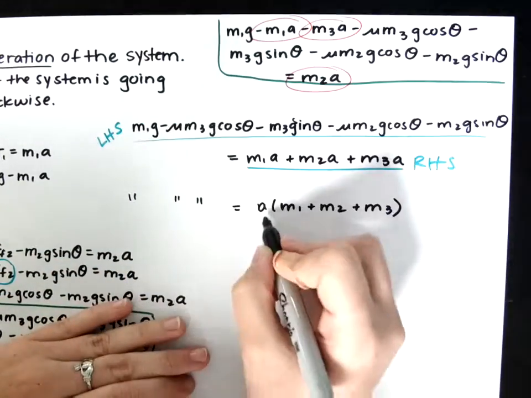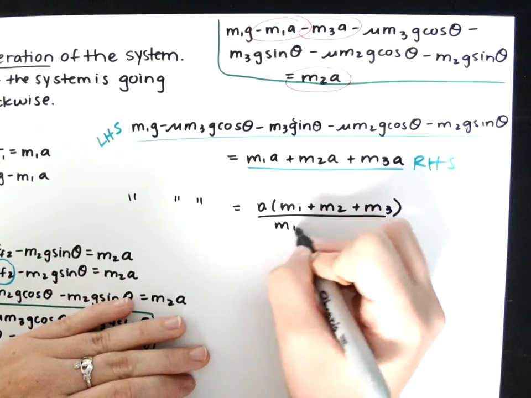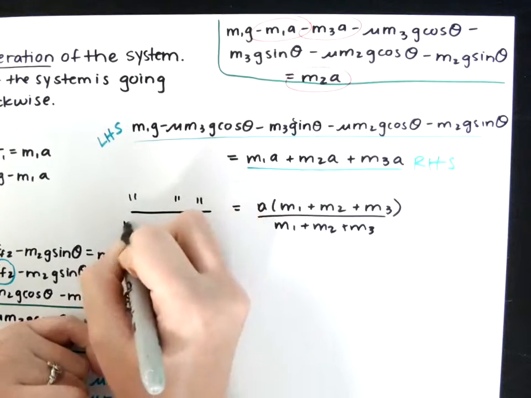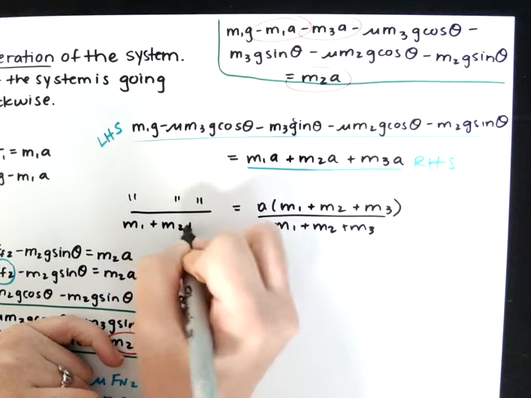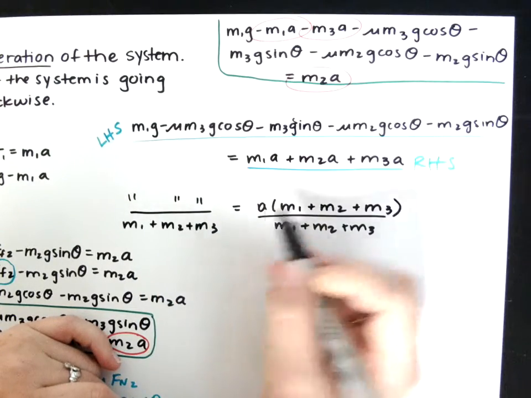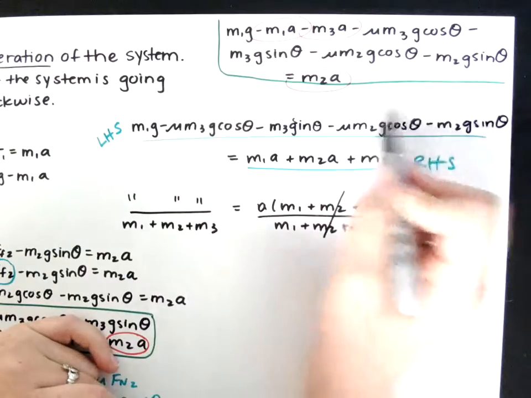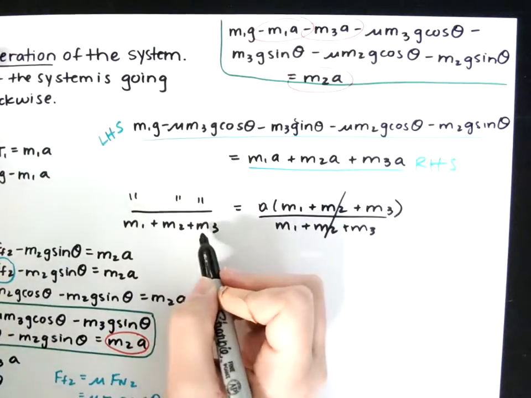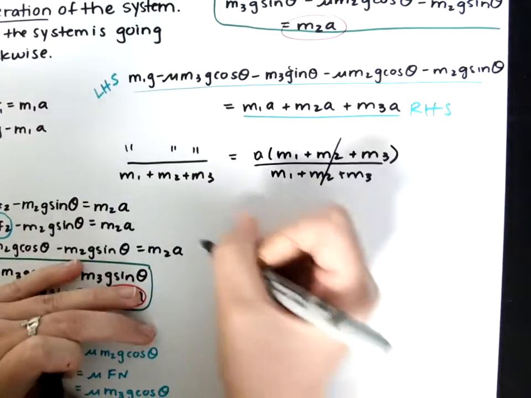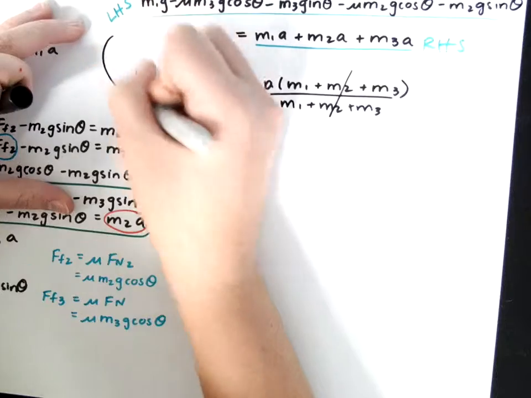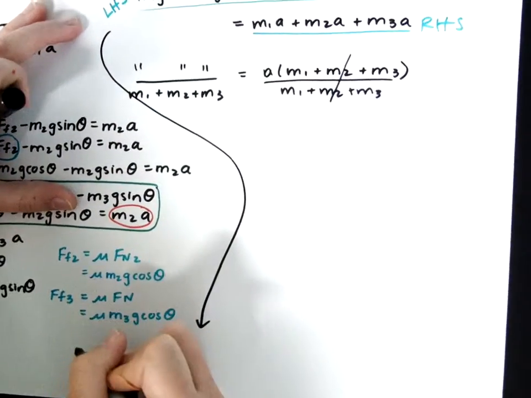And you want to make sure you divide over M1 plus M2 plus M3 on both sides. And we get A is going to be equal to everything on this left-hand side divided by M1 plus M2 plus M3. So I'll rewrite that if I have room. Let's go ahead and put it right down here.